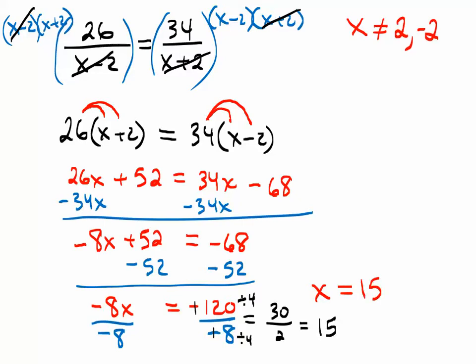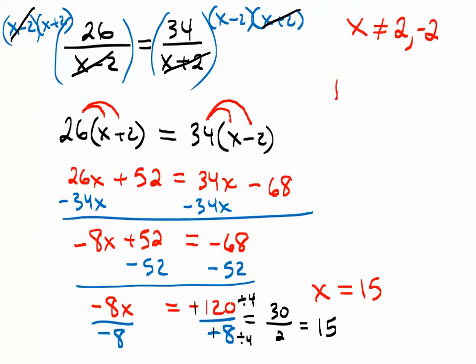That's cool. All right, English. Write a sentence in English that makes sense of what the variable means, the number itself, and the units given. The speed of the boat in the water is 15.